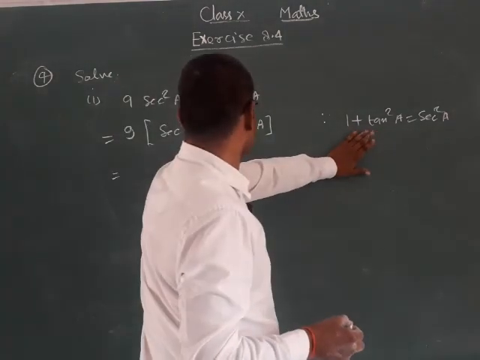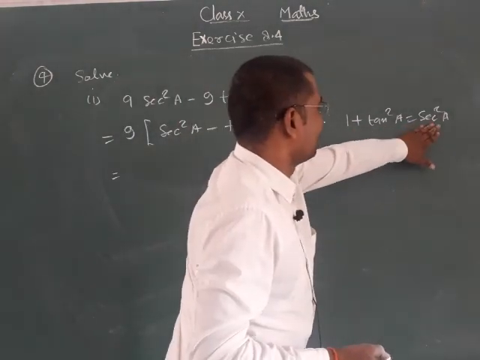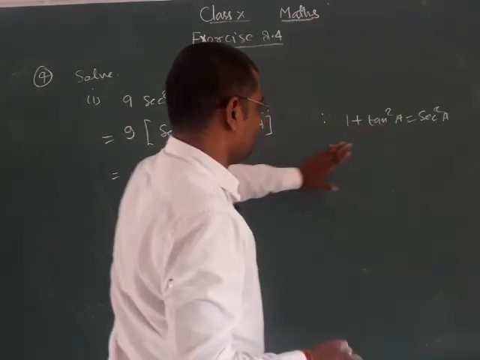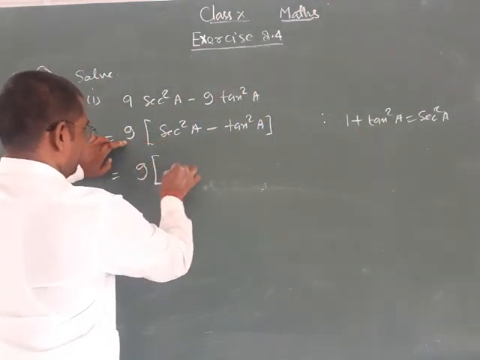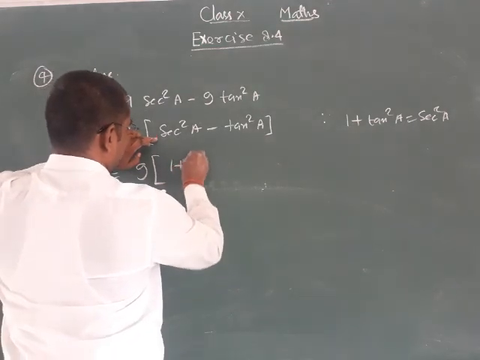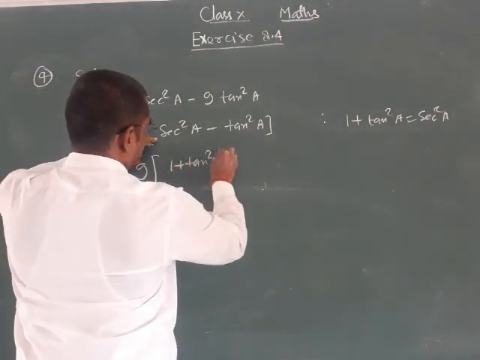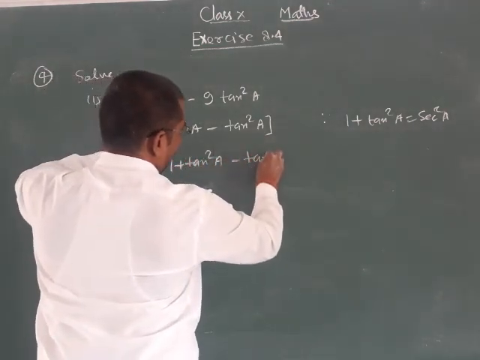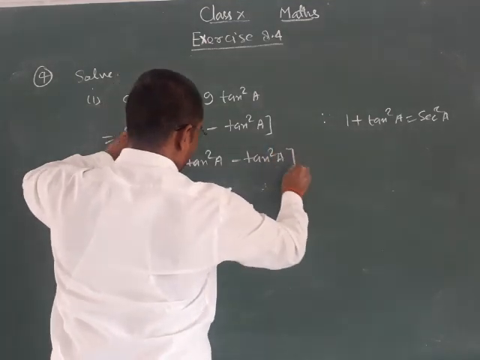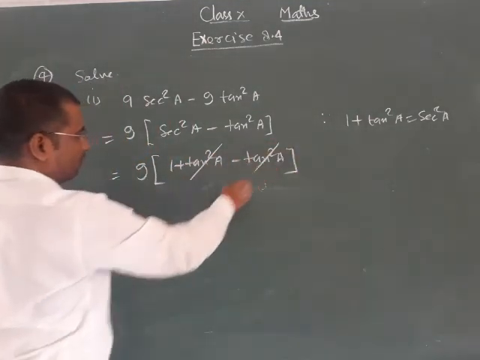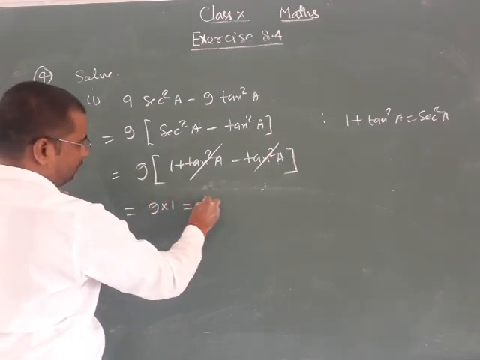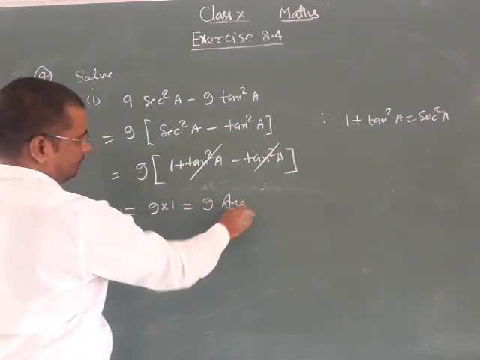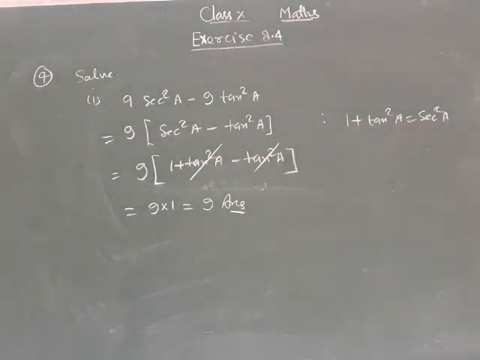So sec square a is equal to 1 plus tan square a. Now put here, we get 1 plus tan square a minus tan square a. So tan square a cancels out. So 9 into 1 is equal to 9. This is the answer.